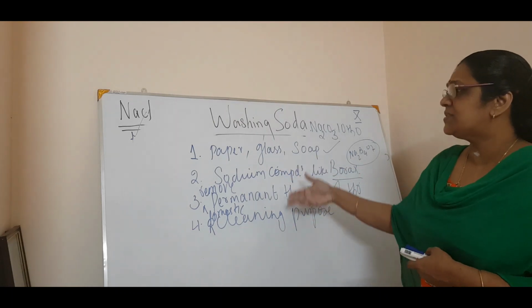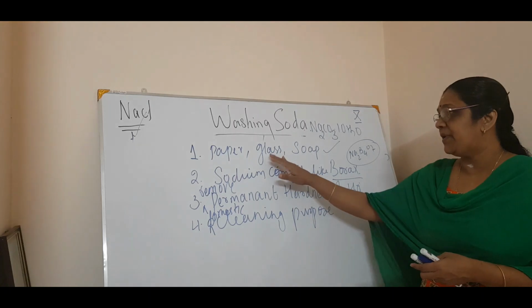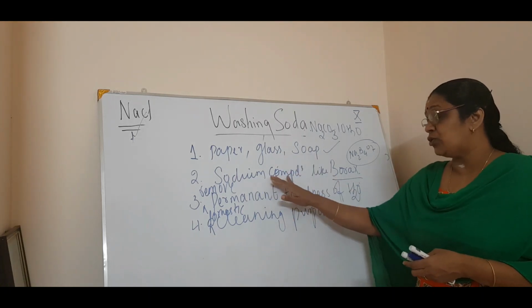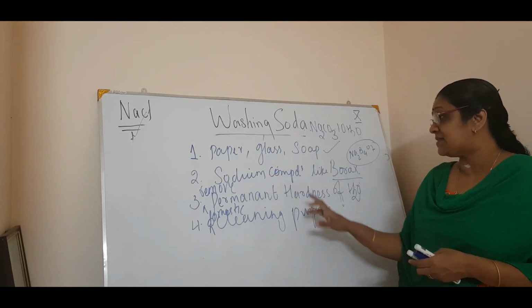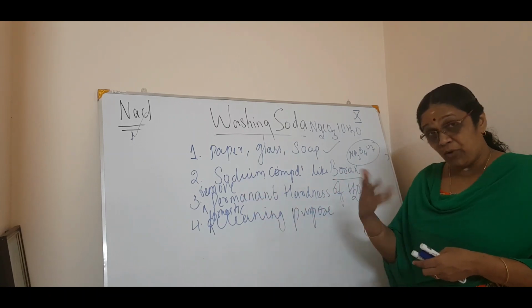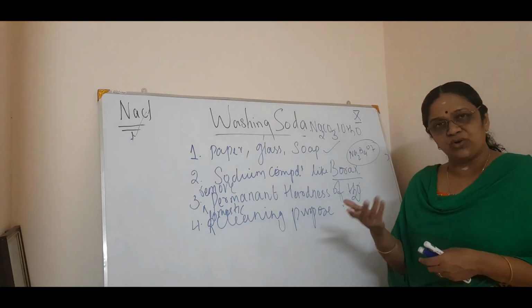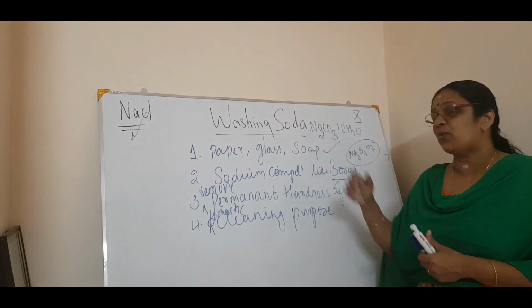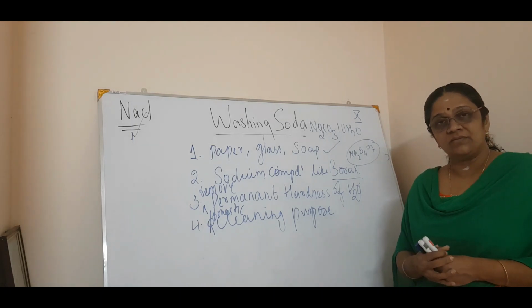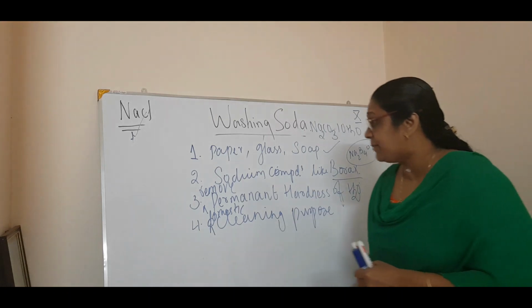Some uses you have to study about washing soda: paper, glass and soap industry; to make sodium compounds like borax; to remove the permanent hardness of water while boiling and putting this; and for domestic cleaning purposes. So got it? Understood clearly? This is a simple chapter, right?